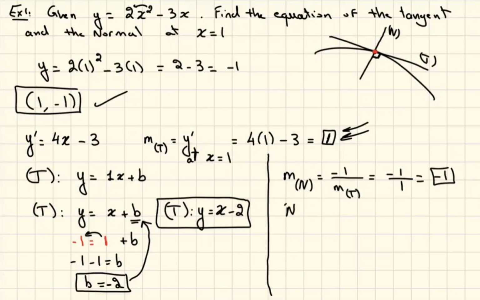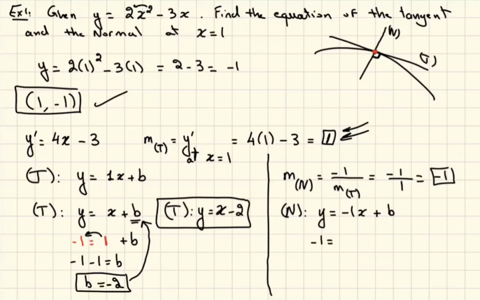Now, I write the equation of the normal. Whenever we find the slope, we write the equation of the line. y equals, the slope of the normal is -1, so I will write -1 times x plus the new y-intercept. So this b is different from the previous one. That one is for the tangent, this one is for the normal. Again, the red point is on the normal line, so we are allowed to take its coordinates and replace them in the normal equation.